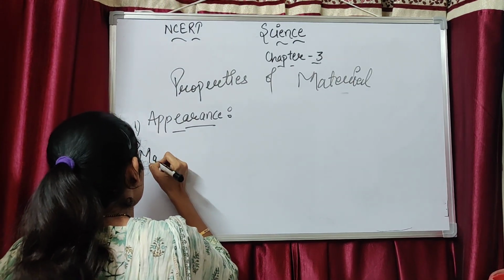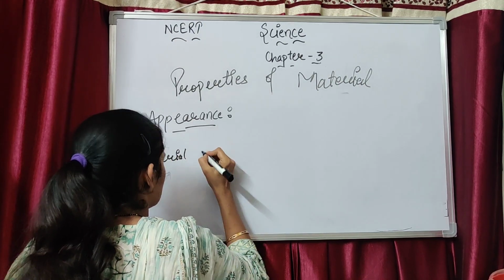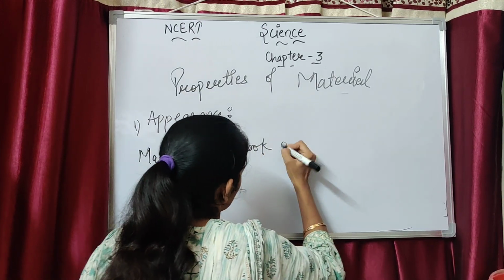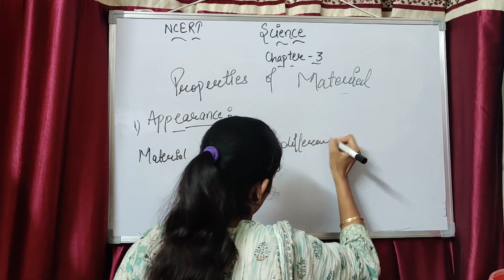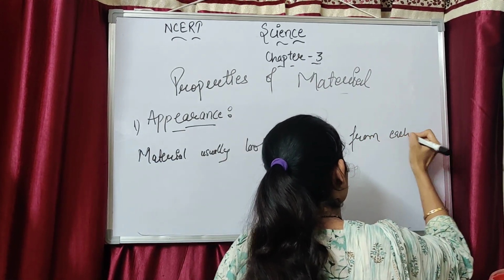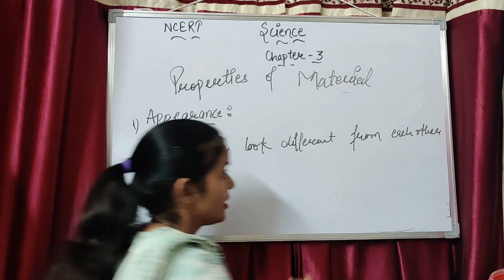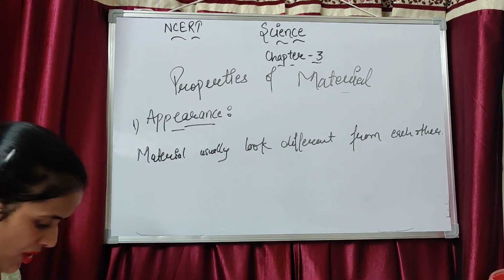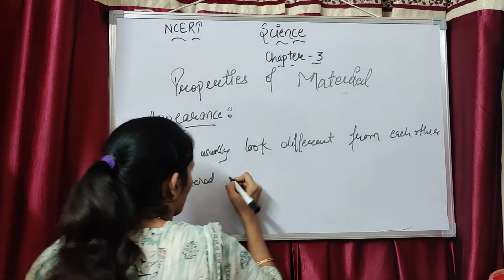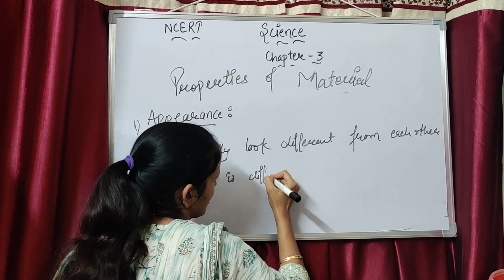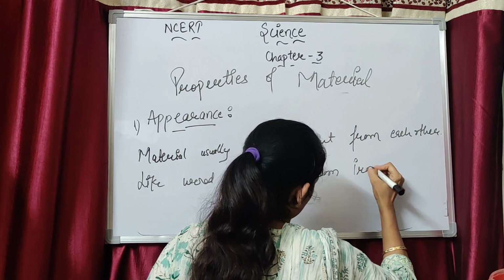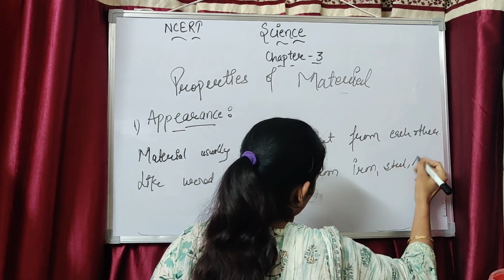Materials usually look different from each other, like wood is different from iron, steel, aluminium.